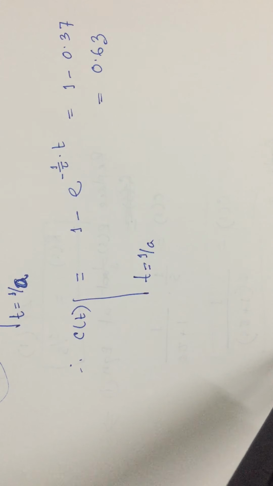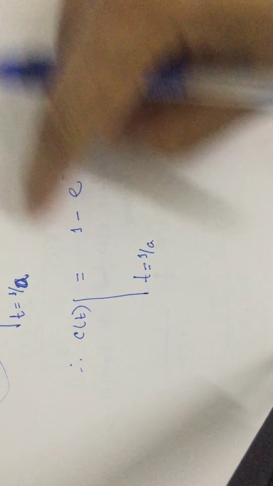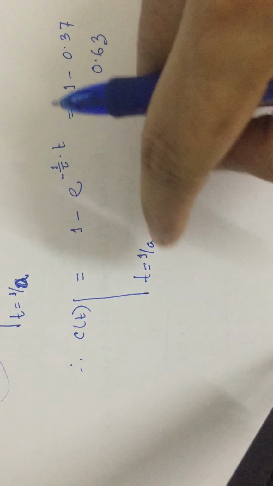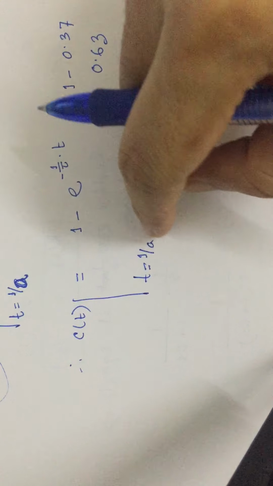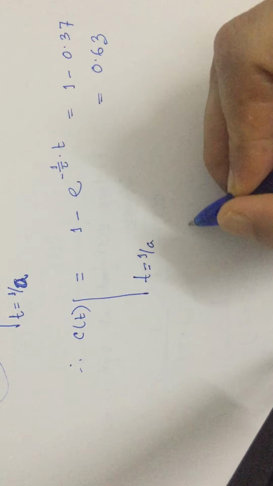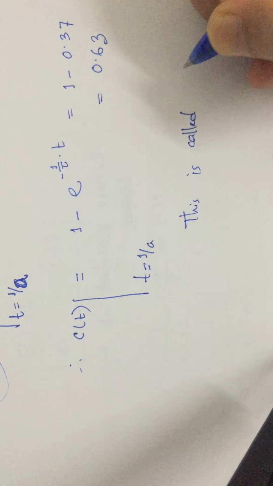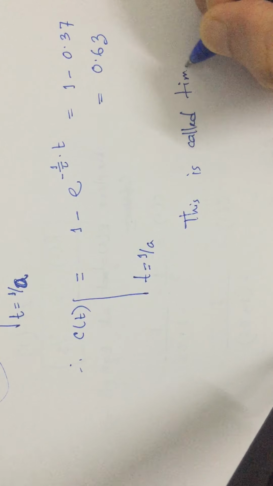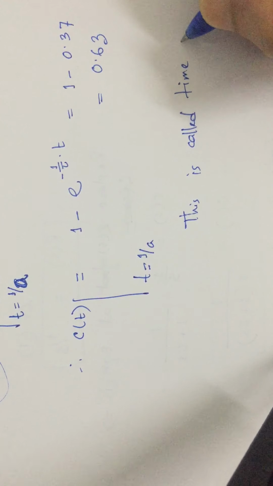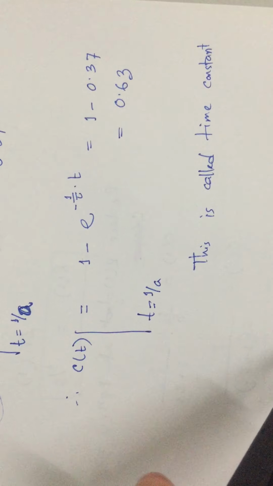It means that, so what do you understand why we did this? This a, or this one, we call it the time constant of the response. So this is called the time constant. Can you see? Yes, you can see.